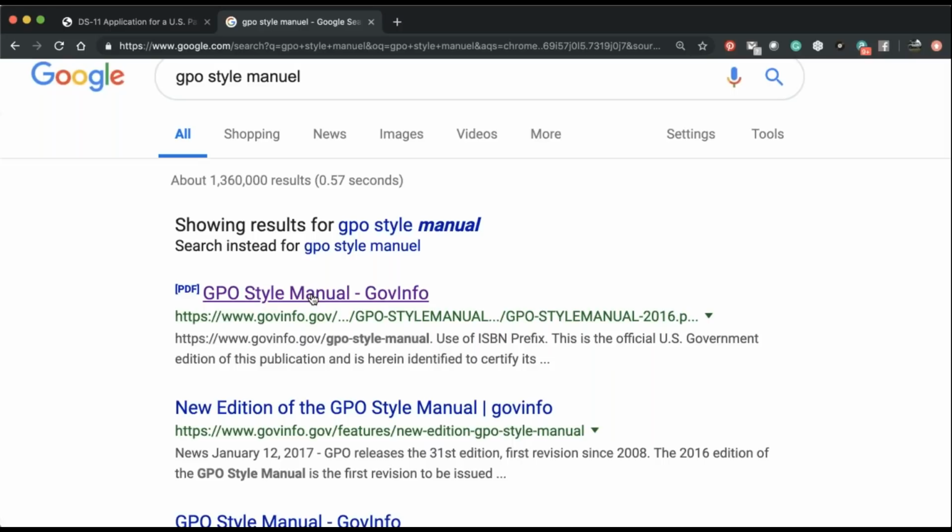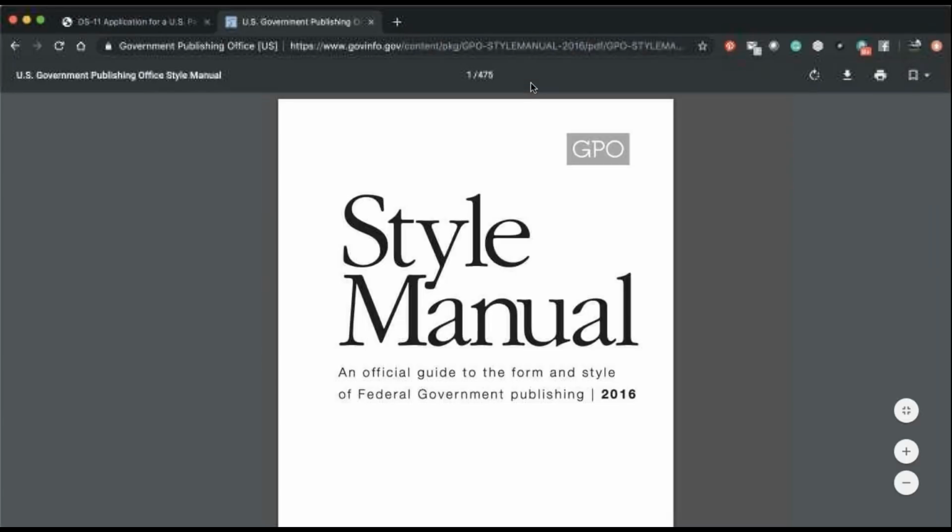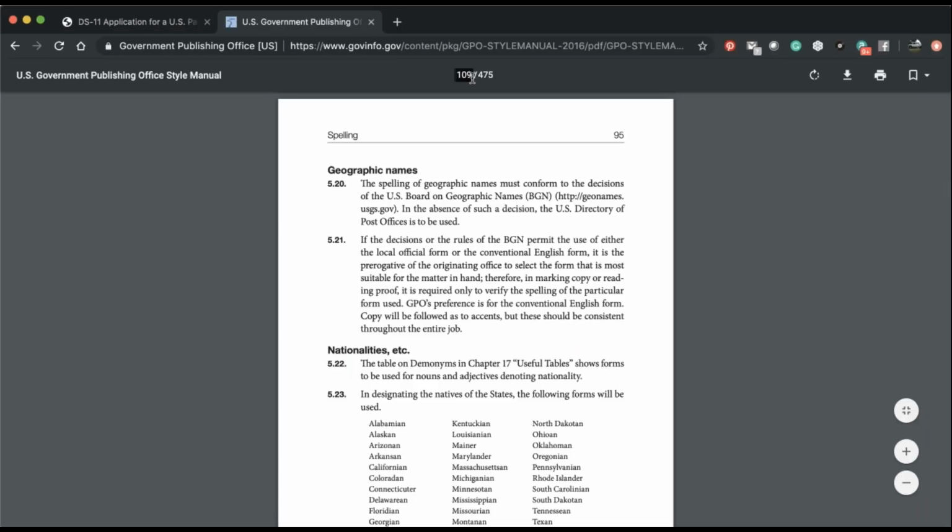On page 95 of this document is an official guide to the form and style of federal government publishing. This is the 2016. I think they got a 2018 one out there somewhere, but I just clicked on the first one. Now, the actual manual is page 95, but for the sake of how they got it on the web, you type in 109 and it'll take you straight to the page I want to talk about.